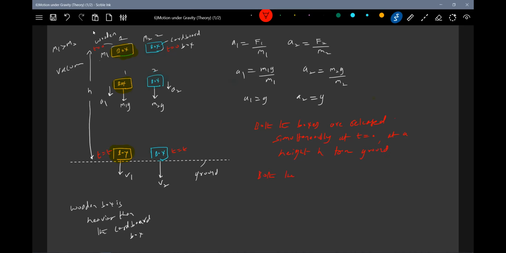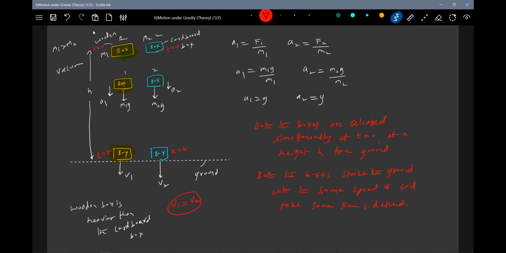Finally, both the boxes strike the ground with the same speed and will take the same time to descend.